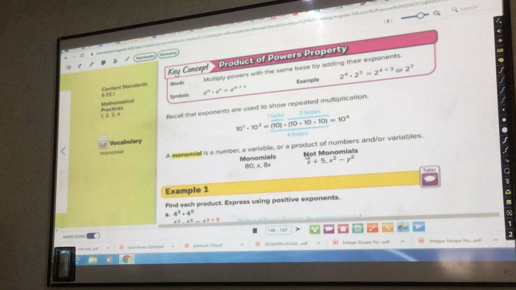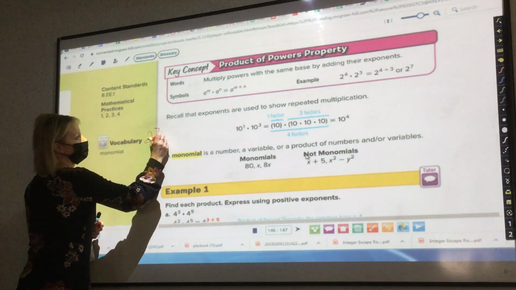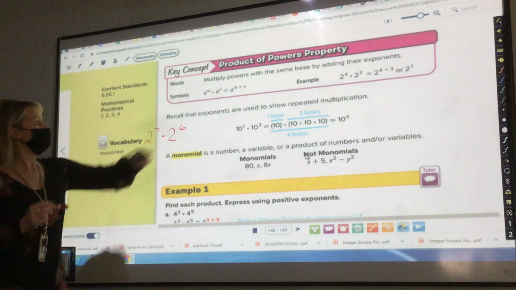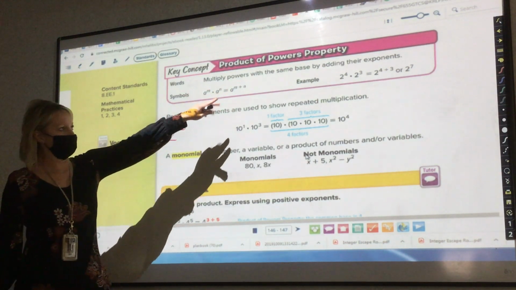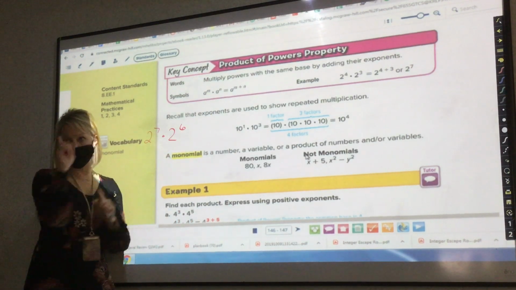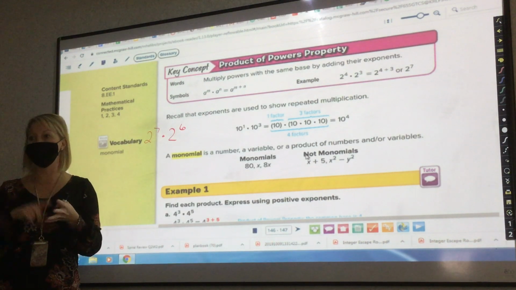What you're going to do when multiplying 2 to the 7th and 2 to the 6th is what's called multiplying powers with the same base by adding their exponents. The base has to be the same in order to do this. If the base is not the same, you cannot do it, whether it's multiplying or dividing.